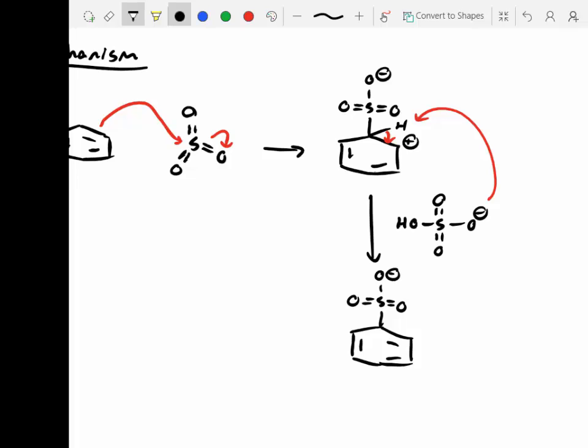We've also created sulfuric acid, or reprotonated it at least, in this step. So what do you think will happen next? Yeah, just protonation of that oxygen.